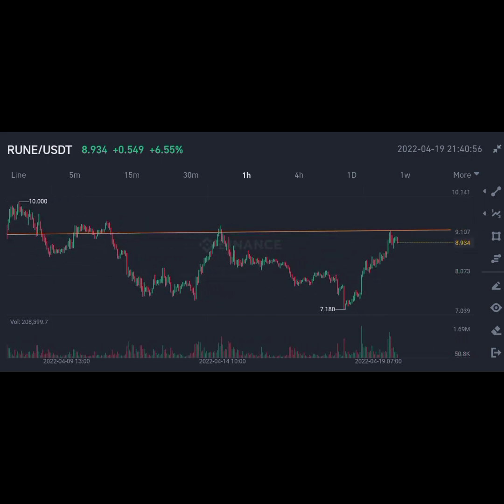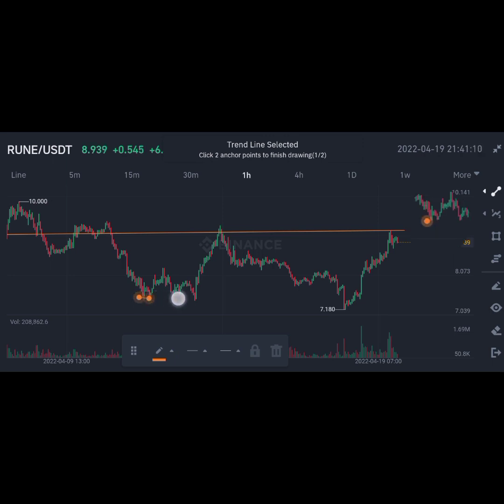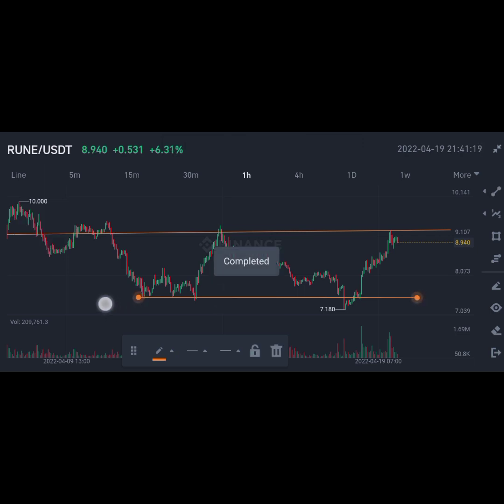Okay, I've seen a support zone here. Let's draw the support. Let's start it from somewhere here. Good. This is actually a support.